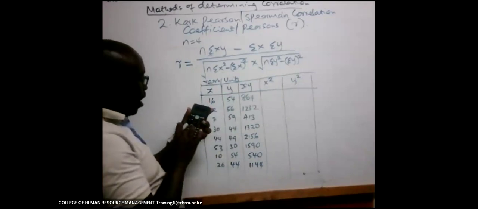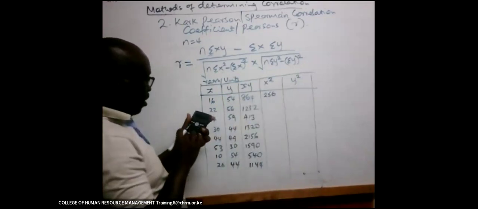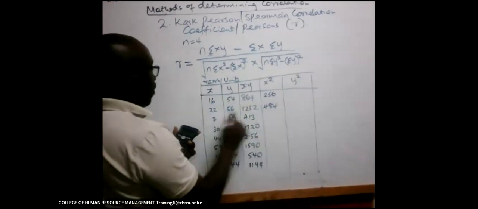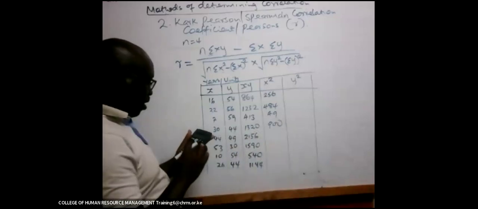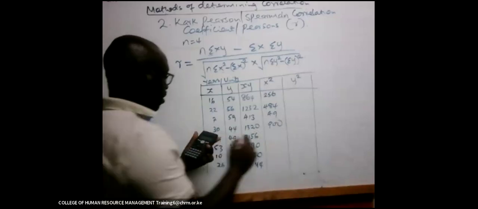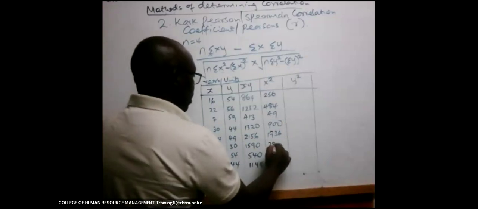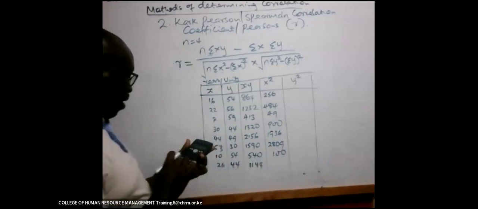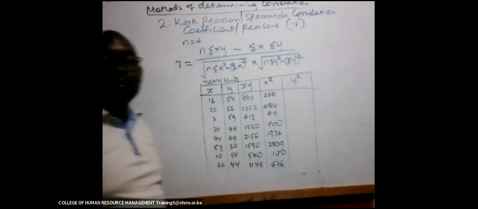Here, we have 16 squared, which is 256. 22 squared, which is 484. 7 squared is 49. 30 squared will be 900. 44 squared, 1936. 53 squared, 2809. 10 squared will be 100. Then we have 26 squared, which is 676.